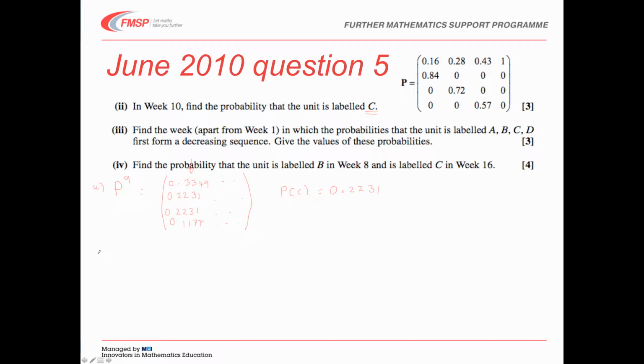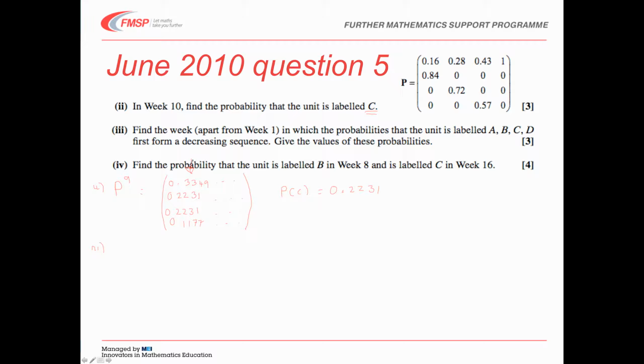For part 3, find the week apart from week 1 in which the probabilities that the unit is labelled A, B, C and D first form a decreasing sequence. Again, we're going to be looking at that first column because we know it starts in A, but there's no way of doing this except for just trial and error.